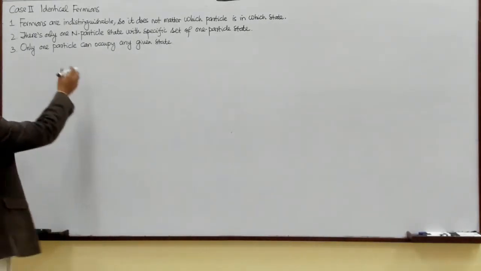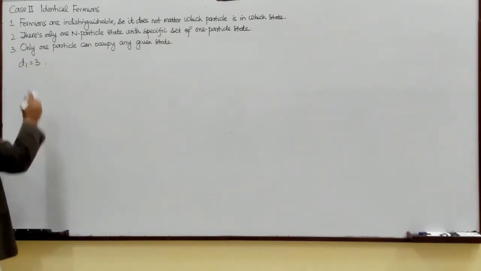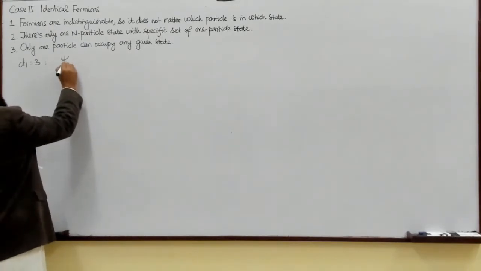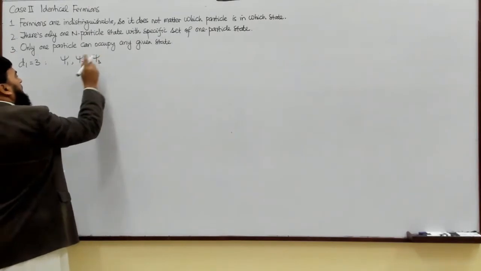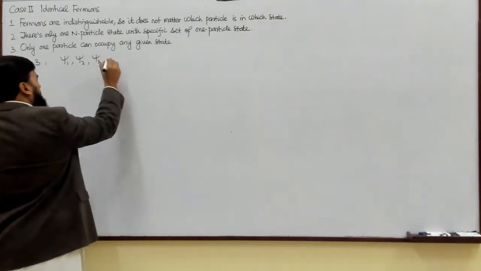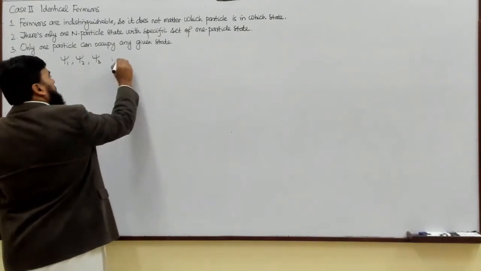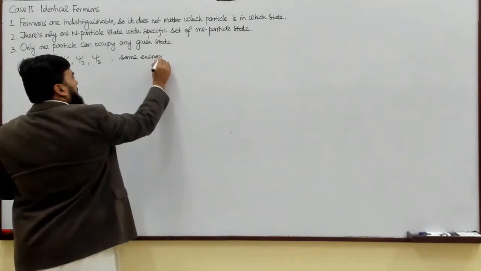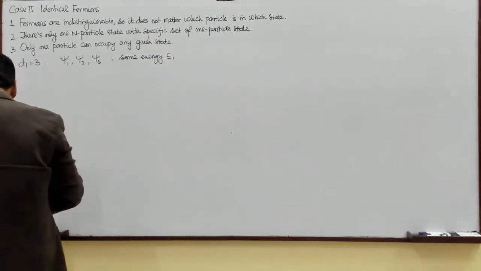We are having d1 equals 3, it means that degeneracy is 3. So we are having psi 1, psi 2 and psi 3. We are having 3 states which are having the same energy, and that energy is E1.